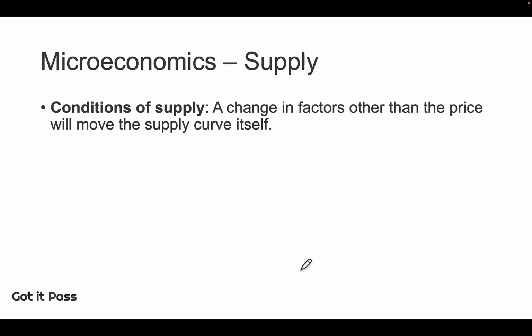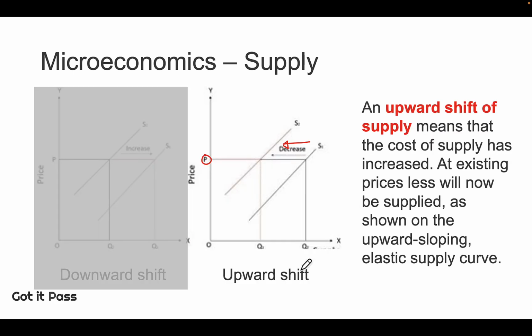The quantity supplied will be lowered from Q1 to Q2 here. It assumes that the supply curve is elastic here.